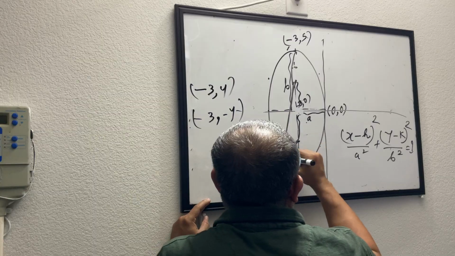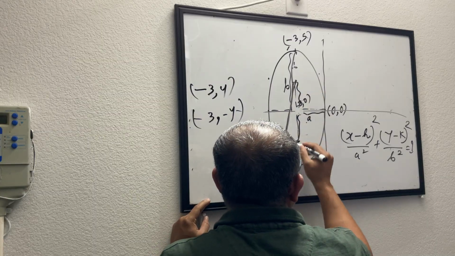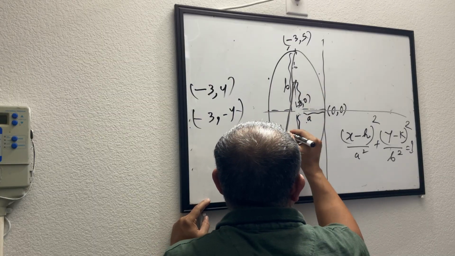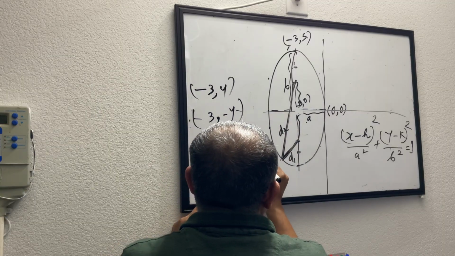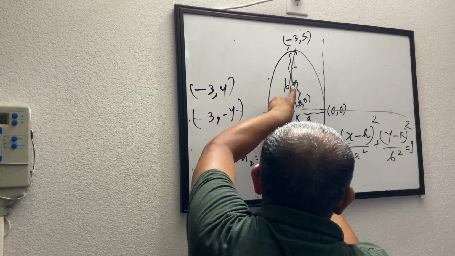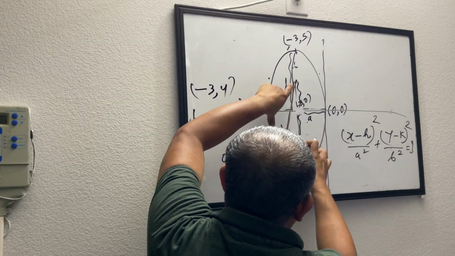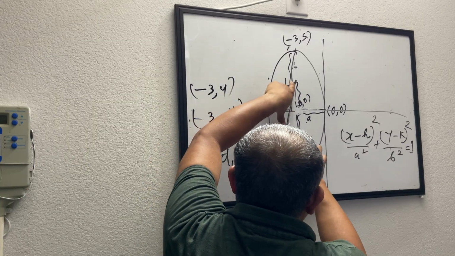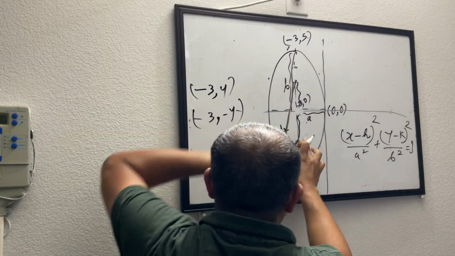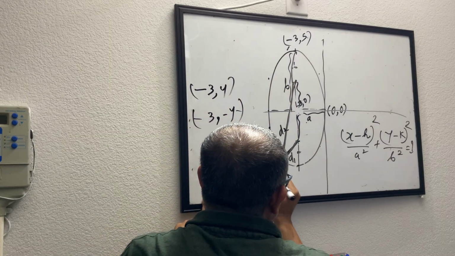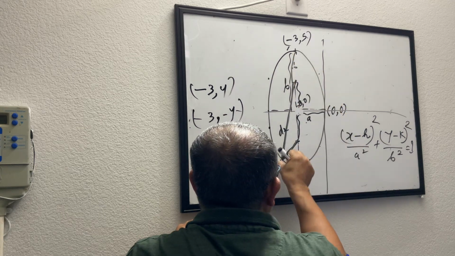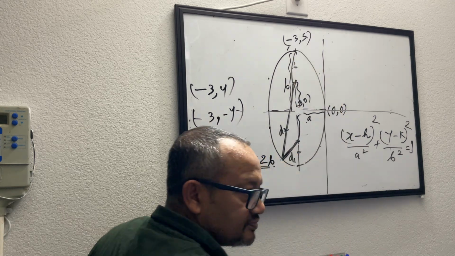This distance plus this distance, if this is d1 and this is d2, when you add both of them, meaning the distance of that point from one focal point and the second focal point, the sum of that will always be 2 times the major radius. Here my major radius is b, so I will say, okay, this is b. Okay?